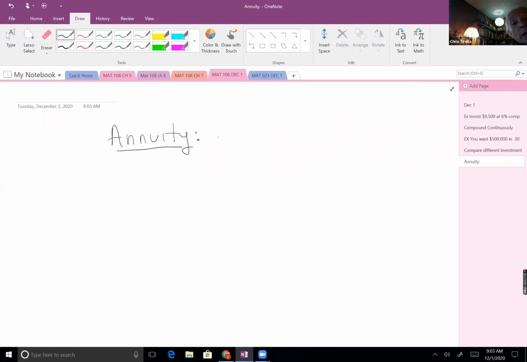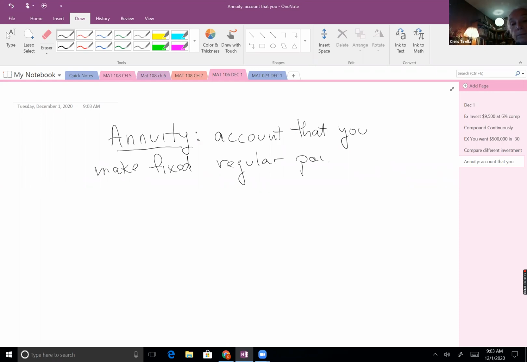And an annuity is an account that you make fixed regular payments into every compound period.